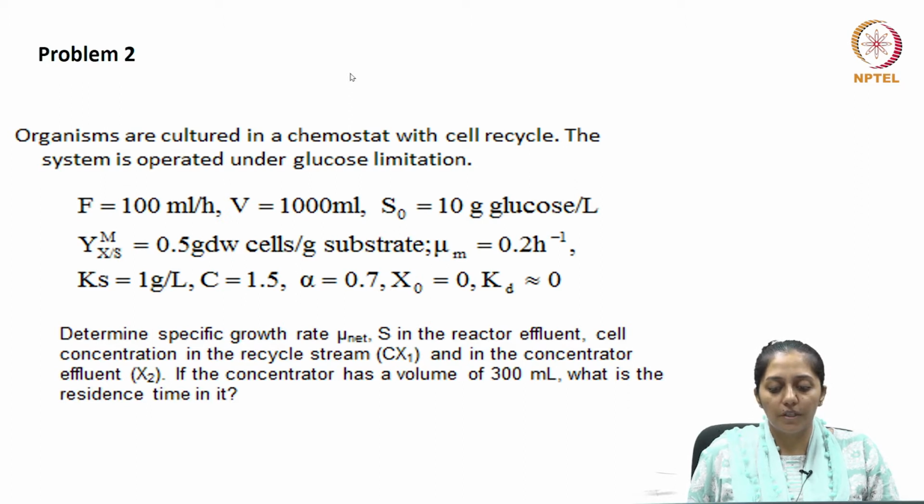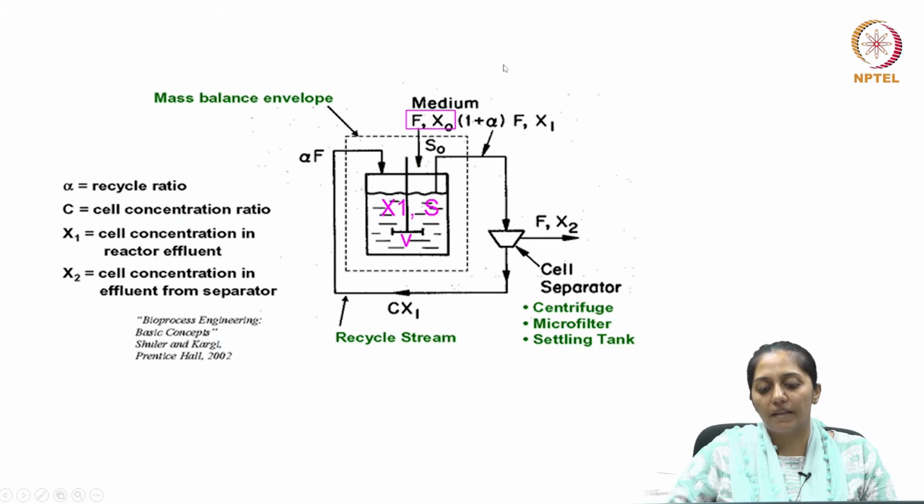The yield coefficient, the Monod saturation constant and the maximum specific growth rate of the culture have been provided, and some information regarding the recycle stream is also given. If you see the schematic provided on the slide and the various notations, alpha stands for the recycle ratio, capital C stands for the cell concentration ratio in the recycle stream versus the stream which is coming out of the reactor.